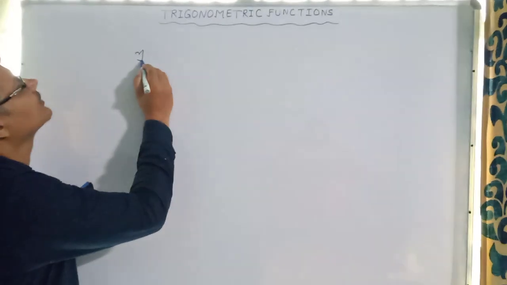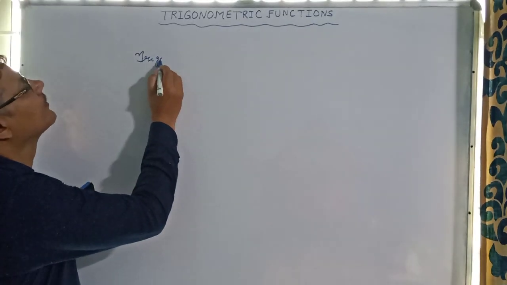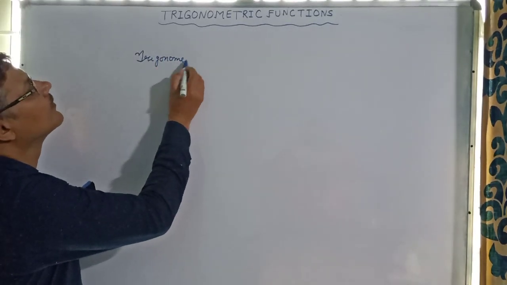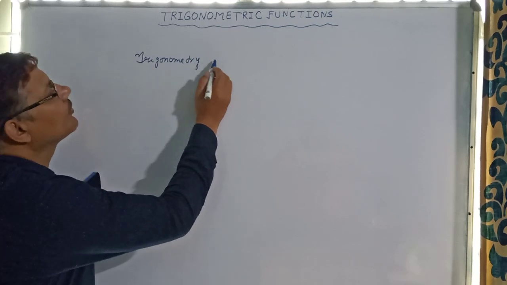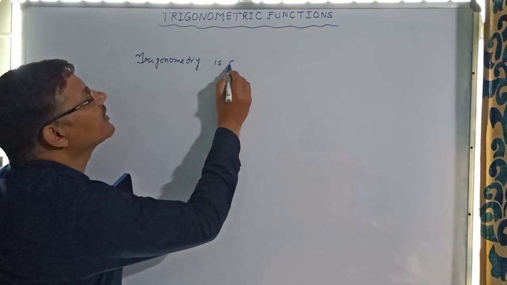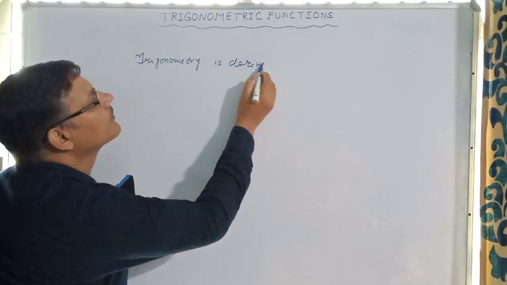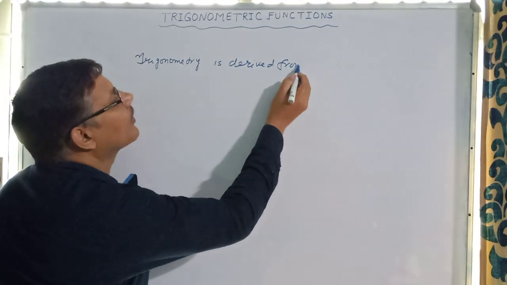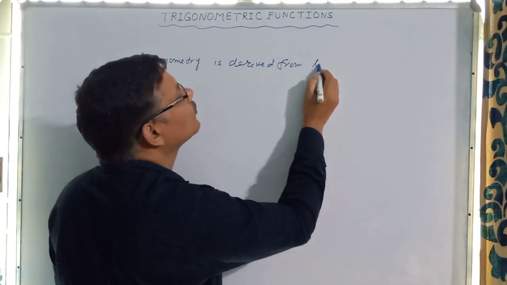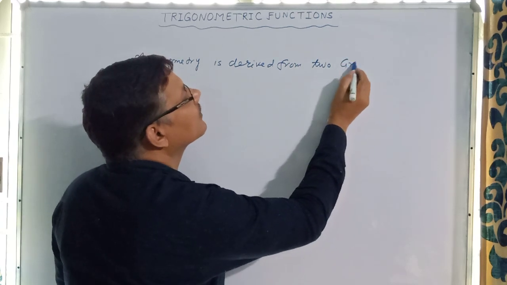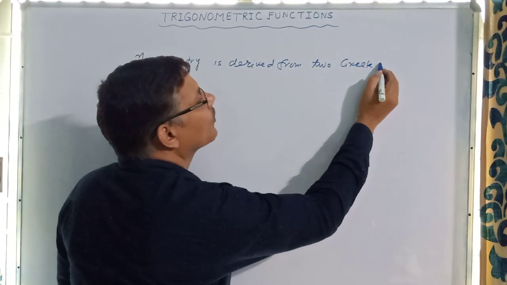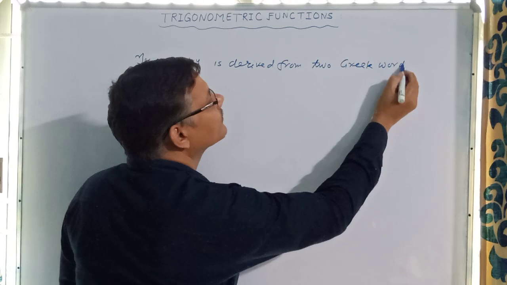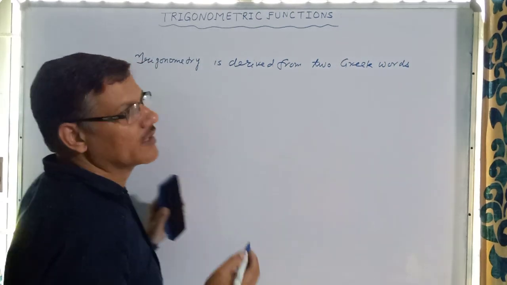So what's trigonometry? Trigonometry is derived from two Greek words. How many words? Two Greek words.